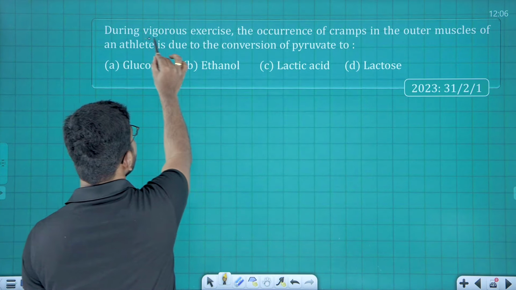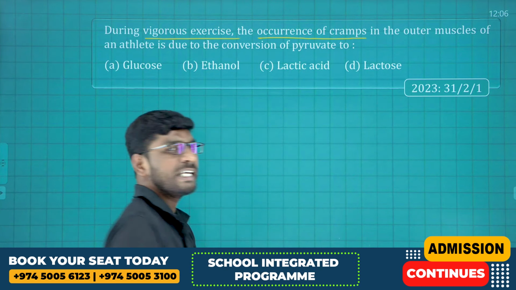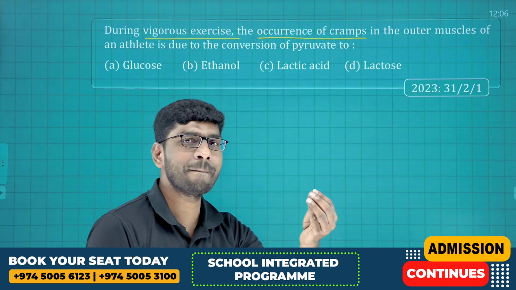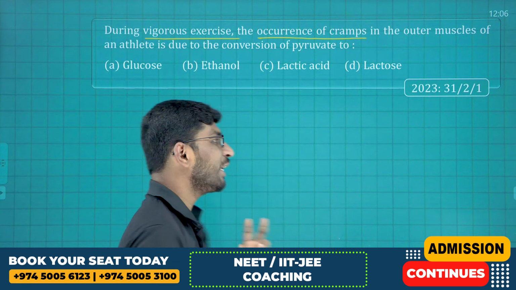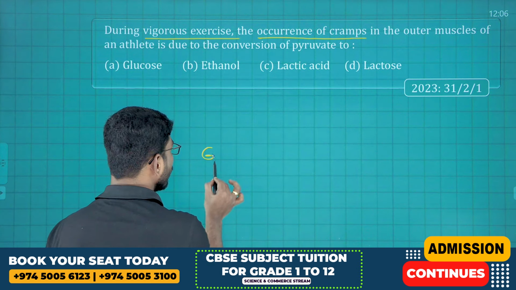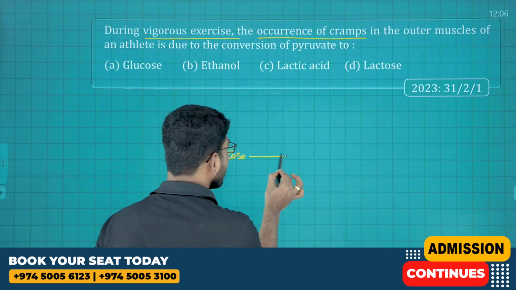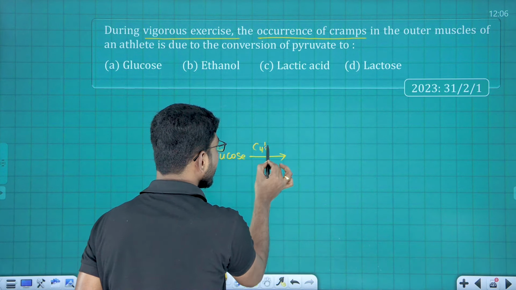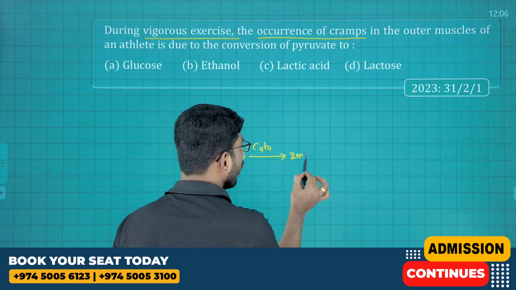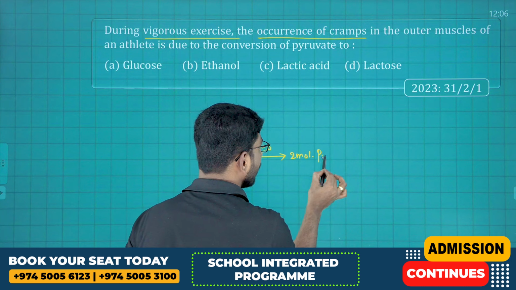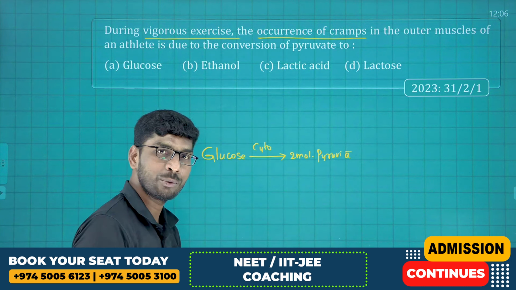2023. During vigorous exercise, the occurrence of cramp. Very easy question. Cramp occurs due to the lack of oxygen in the muscle. Pyruvic acid: we know glucose is a 6-carbon compound, and in the cytoplasm this glucose is converted into 2 molecules of what? Any one of you tell me. Pyruvic acid.